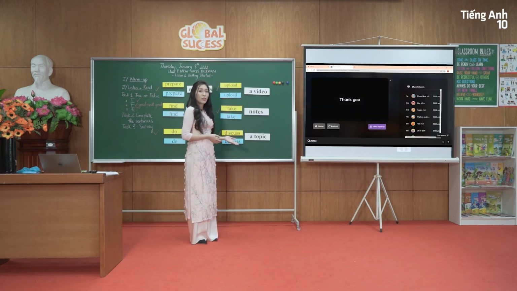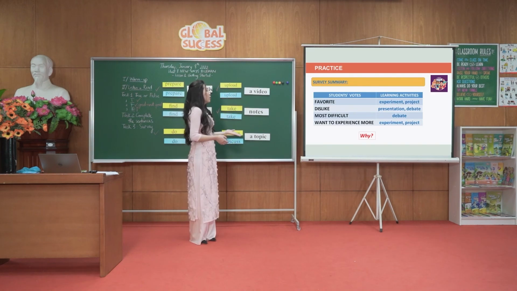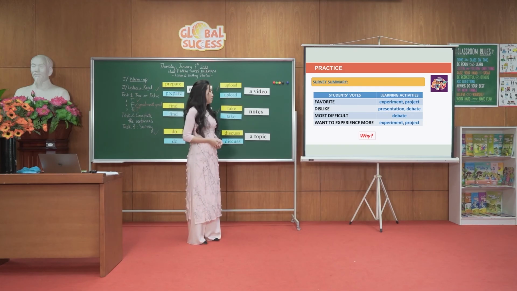Now let's look at the survey summary. So here is the survey summary. Your favorite activities are experiment and project. And many of you say you dislike presentation and debate.